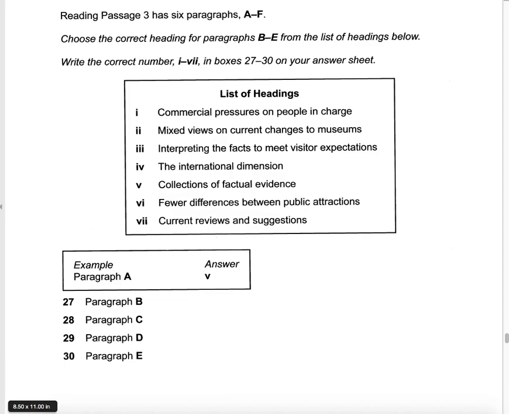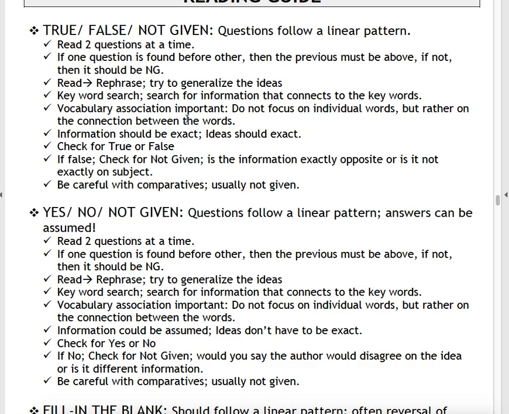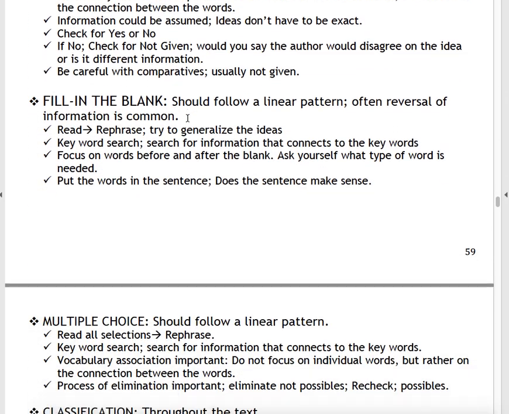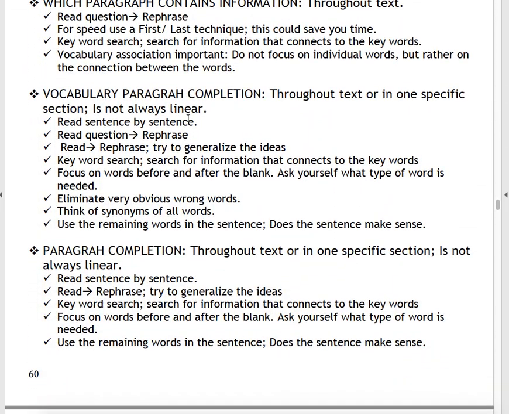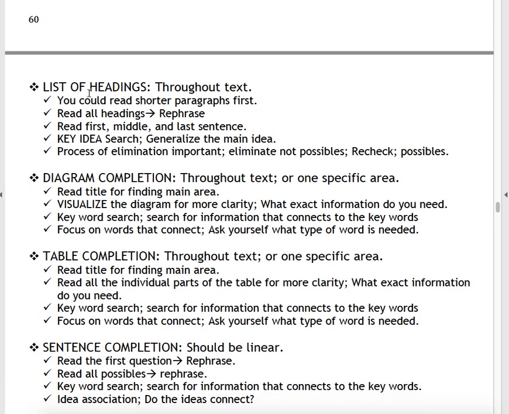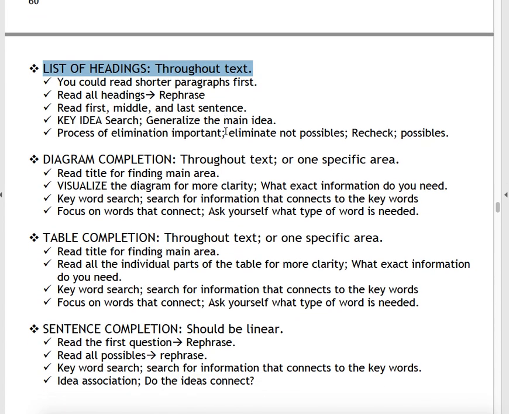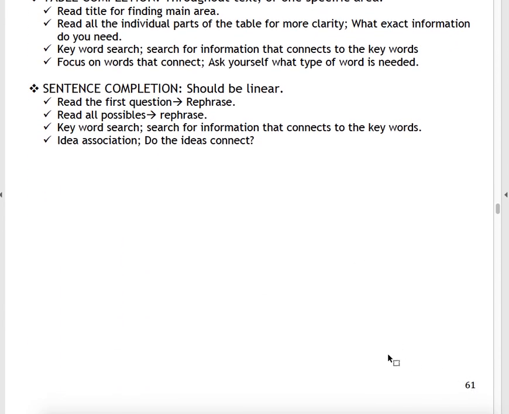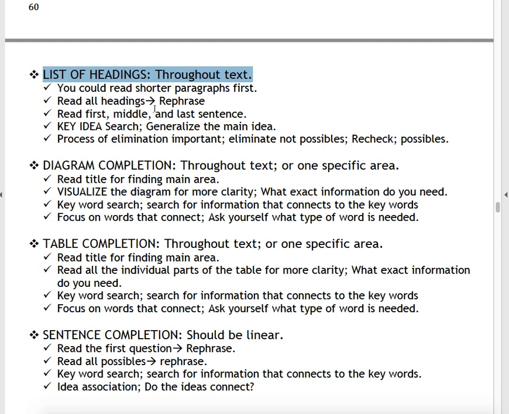In looking at our guide, list of headings, page 61 from our guide. Of course, some students, to do it faster in a real exam, could read shorter paragraphs first.